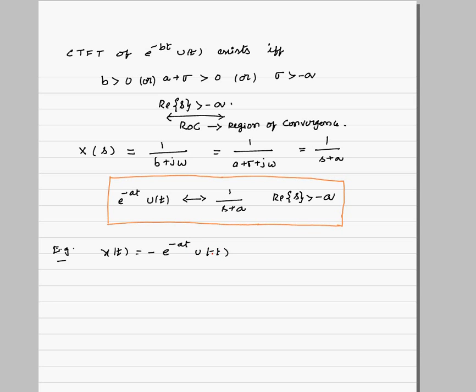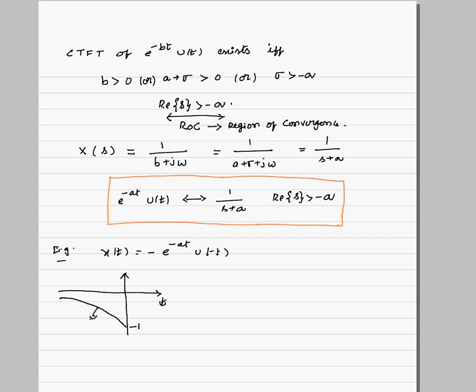So how does the plot of this look? Again, we will consider two conditions. When a is less than 0, obviously the plot will look something like this, right? So this will be our minus 1. This is our t, this is our x of t.